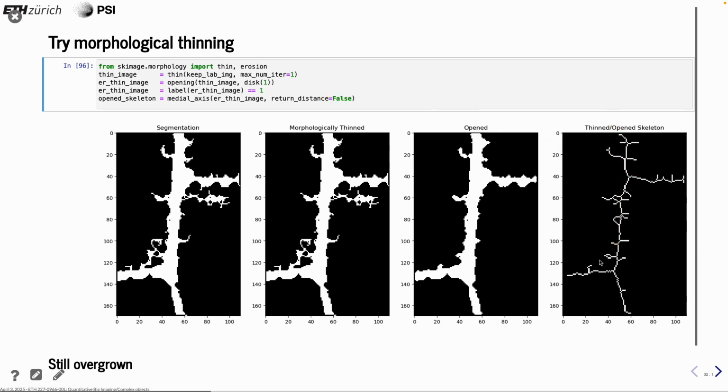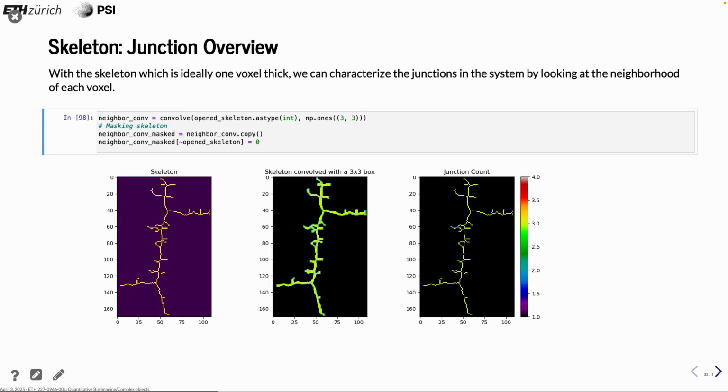So not so cluttered as we had before. We actually also removed some of the unneeded or unwanted structures. So all this mess around here we could remove with this approach. Now we still have a lot of branching.